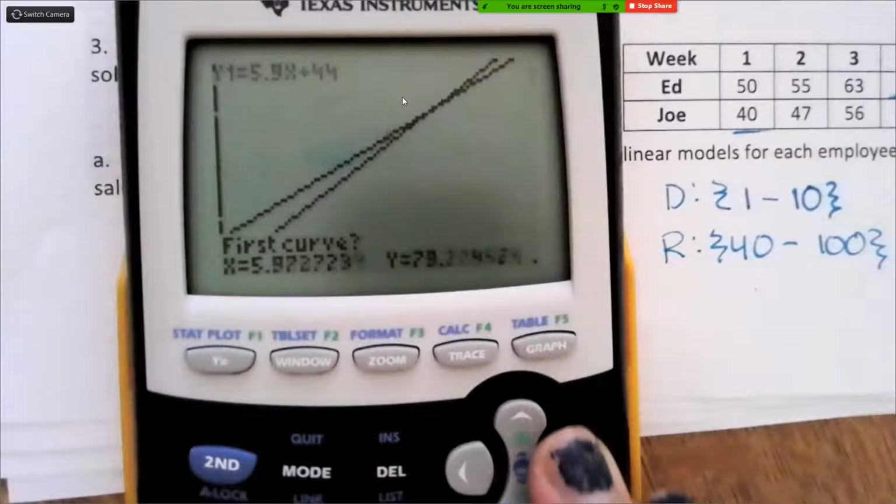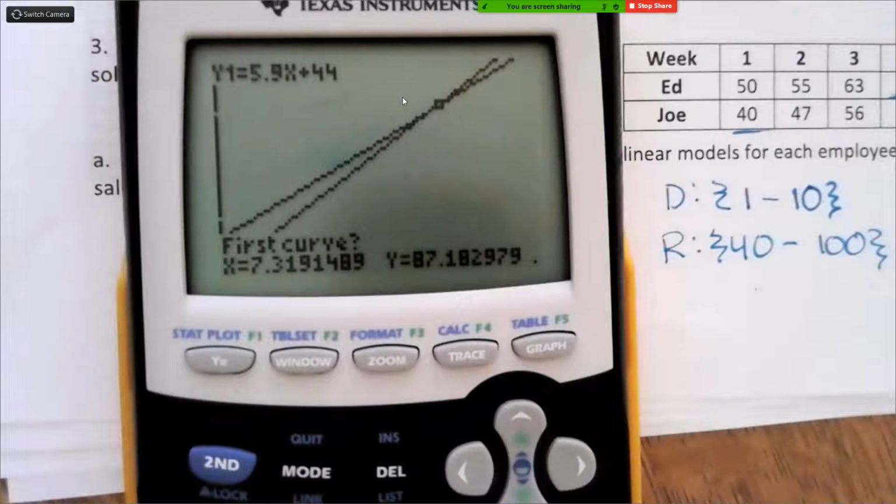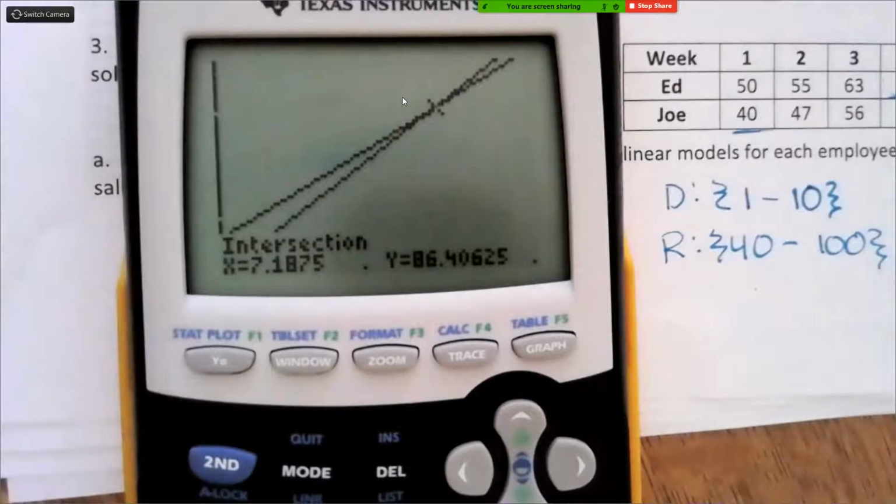And you're going to move your little blinky cursor to about where they intersect. And then you're going to hit the enter key, not once, not twice, but 3 times. It's like the first graph, the second graph, and the guess. And you should be able to get 7 and 86. That represents week 7 and selling 86 shoes.